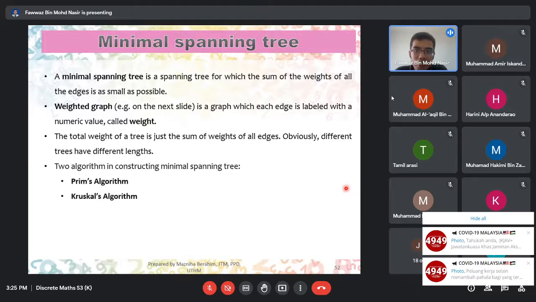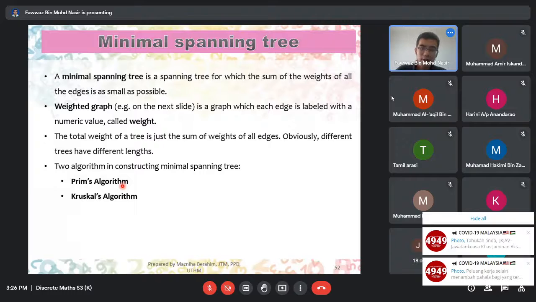So there are 2 algorithms that you can use to construct a minimum spanning tree. You can either use the Prim's algorithm, or you can also use the Kruskal algorithm. Okay, jadi kita boleh use any of these algorithm to construct spanning tree. So dia ada perbezaan sikit macam mana kita nak identify edge with the shortest length.